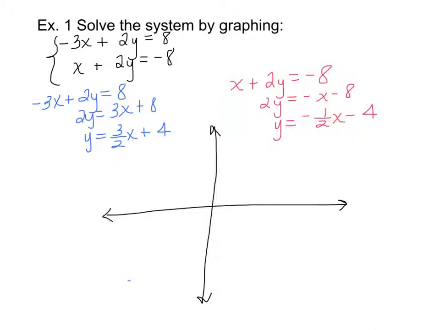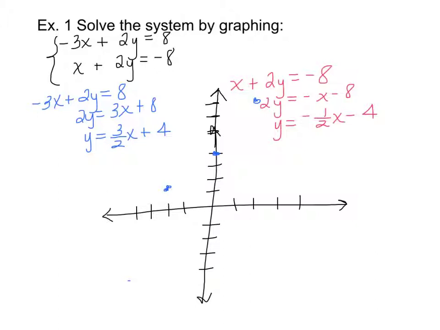So I'll graph. And I'll just put my little tick marks. And I'll start with the first one. So my y-intercept is 4. And I'm going to go up 3 over 2, or I can go down 3 and left 2.